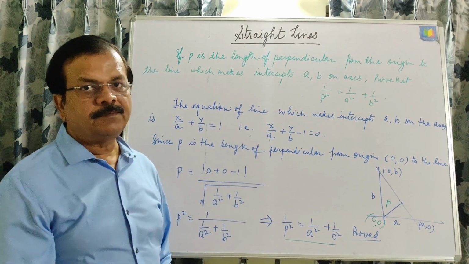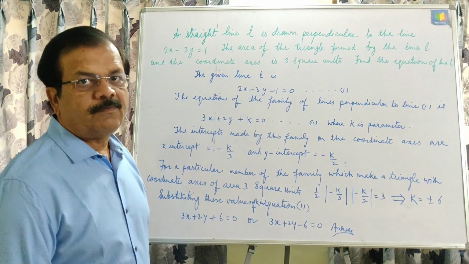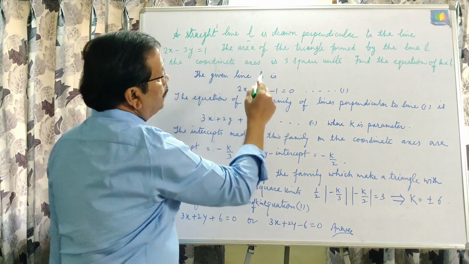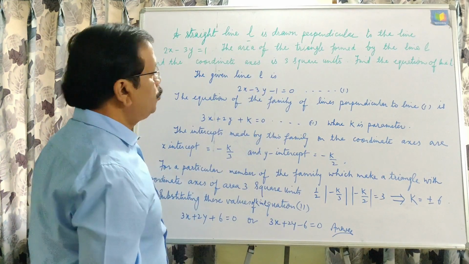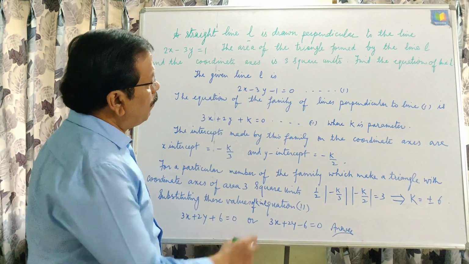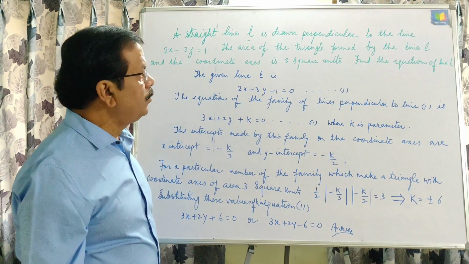Now next question. This question is again from family of lines. A straight line L is drawn perpendicular to the line 2x minus 3y is equal to 1. The area of the triangle formed by the line and the coordinate axes is 3 square units.